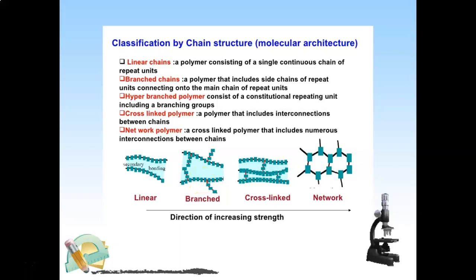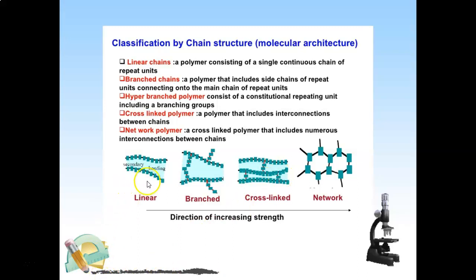Since the short chains do not bridge from one longer backbone to another, heat will typically break the bond between the branch polymer chains and allow the polymer to be a thermoplastic. Although there are some very complex branch polymers that resist this melting and thus break up. So branch polymers can be either thermoplastic or thermoset, depending on the structure of the branch polymer itself.